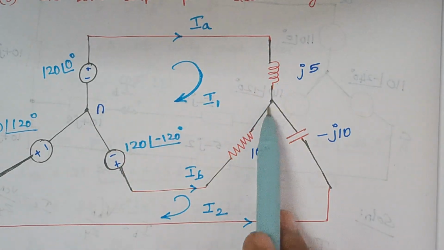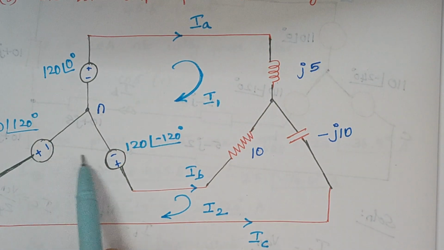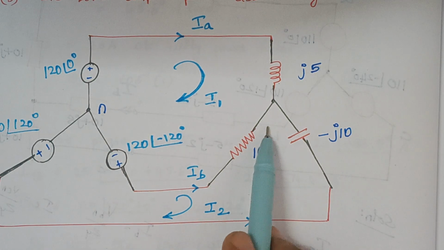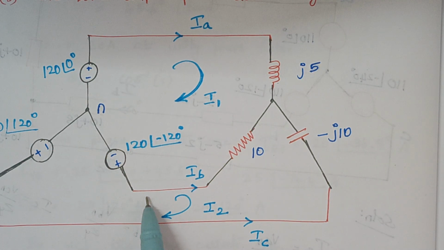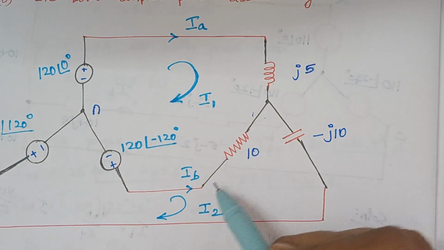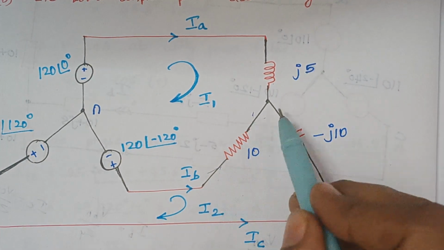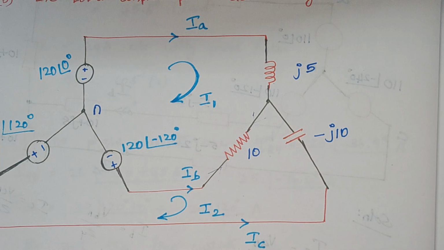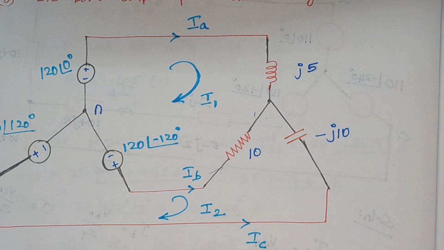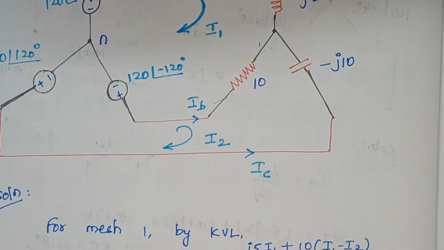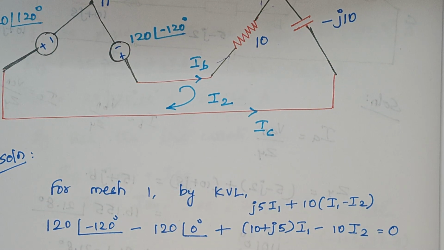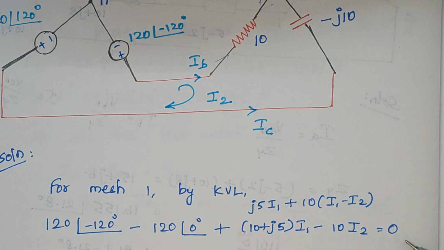You see I1 also flows through this 10 ohm as well as I2 also flows through this 10 ohm. But the direction of current is reversed, right? I1 flows like this and I2 flows like this. They are opposite. Therefore, since we are considering our loop 1, here we have to write it as (I1 minus I2) into 10, right? Which is equal to 0 here.